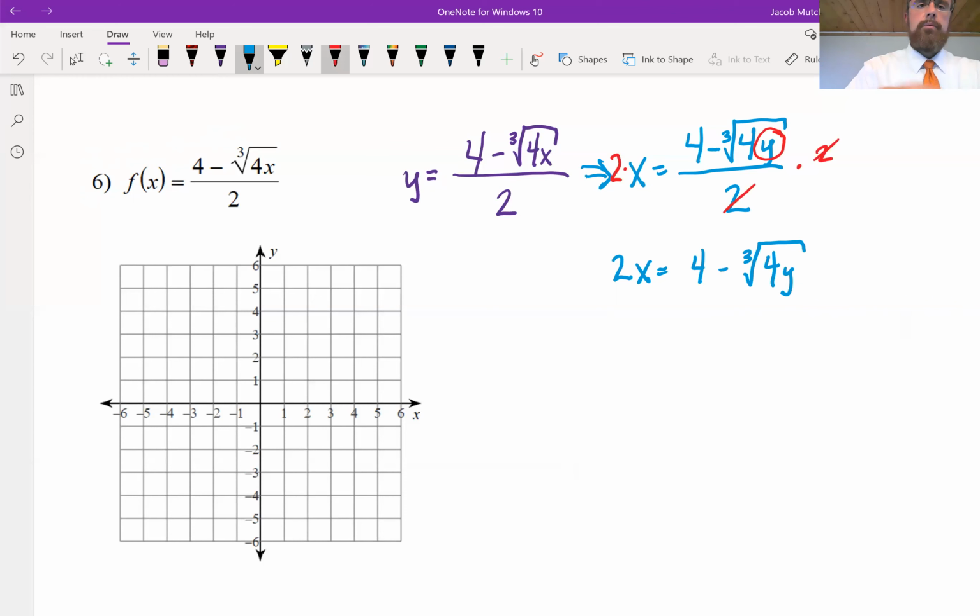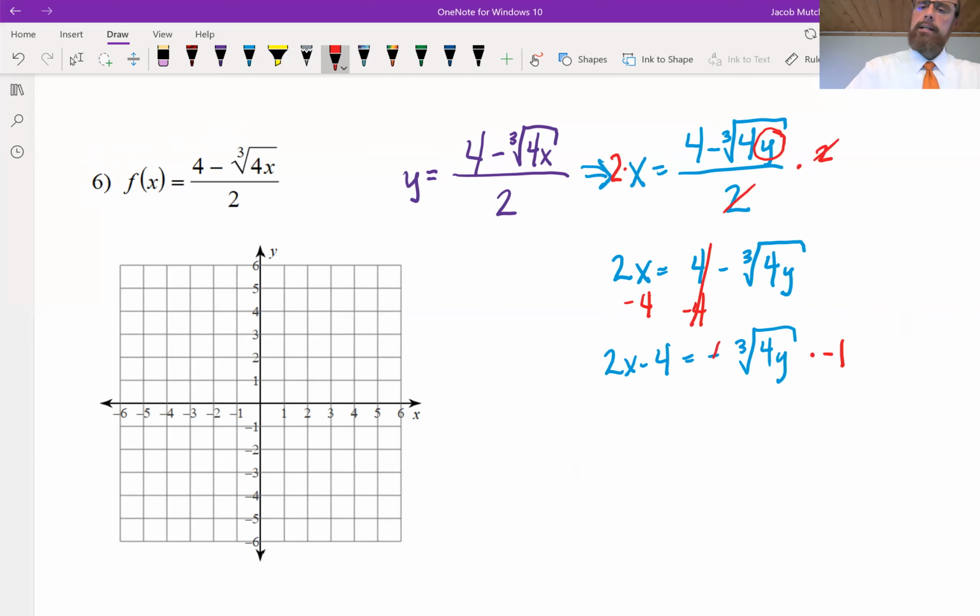At this time I want to move that constant 4 by subtraction. Cancels on the right side, shows up on the left. So now I've got 2x minus 4 equals negative cube root of 4y. I do want to cancel that negative, so I'm going to multiply this right side by negative 1.